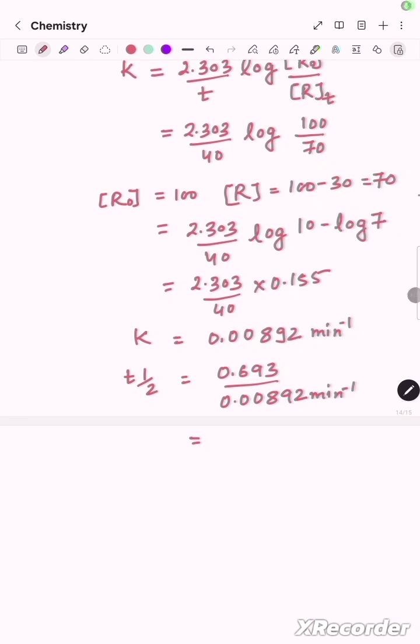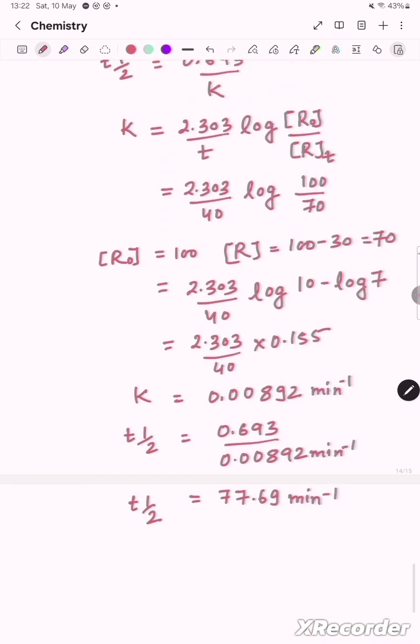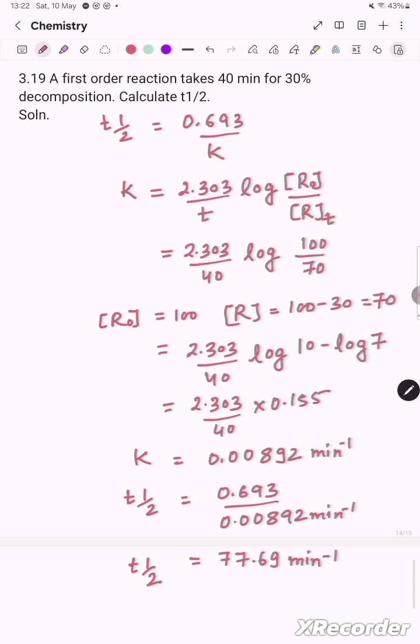So that will become equal to 77.69 minutes. So this is the T half value of first order reaction at 30% decomposition.